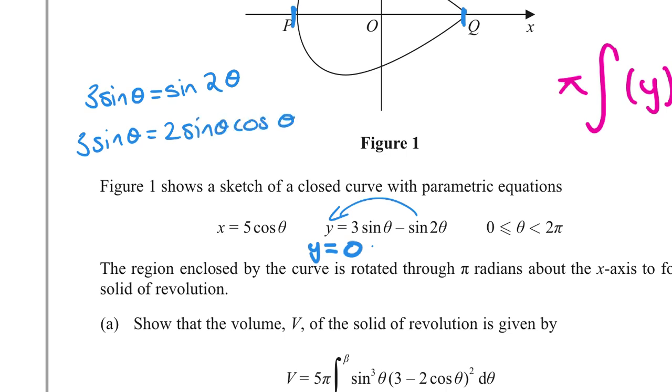So actually I can divide everything through by sine theta. Then I get cos theta equals 3 over 2. So then what does theta equal?